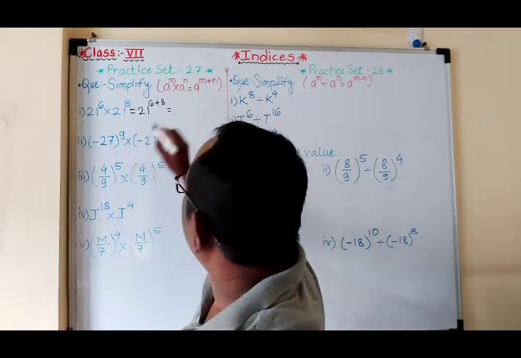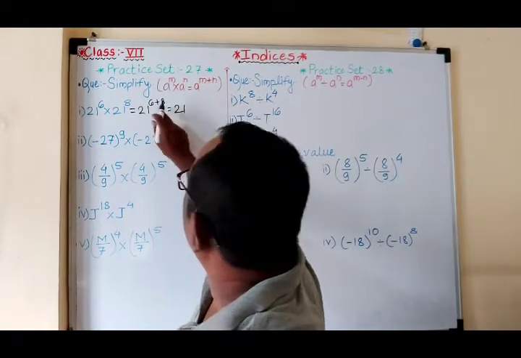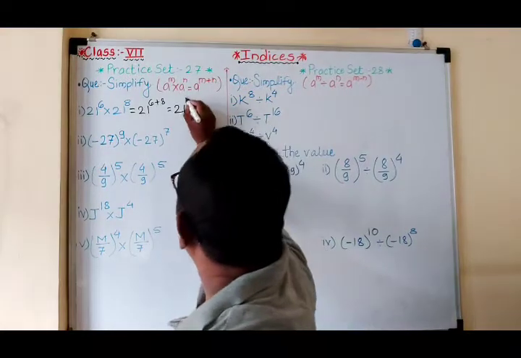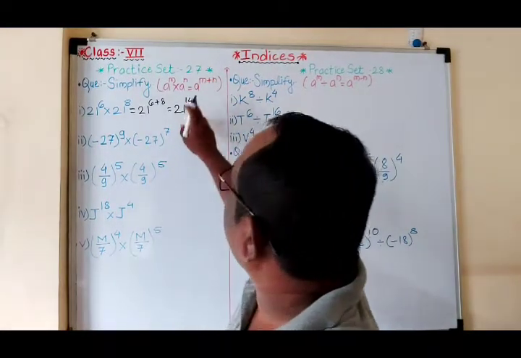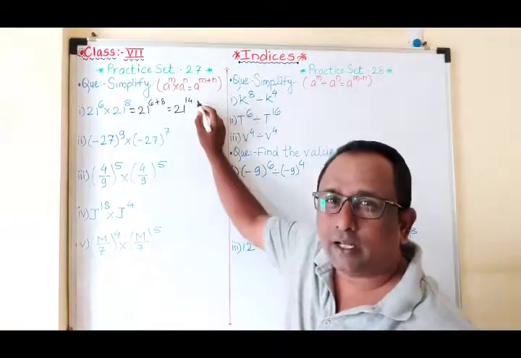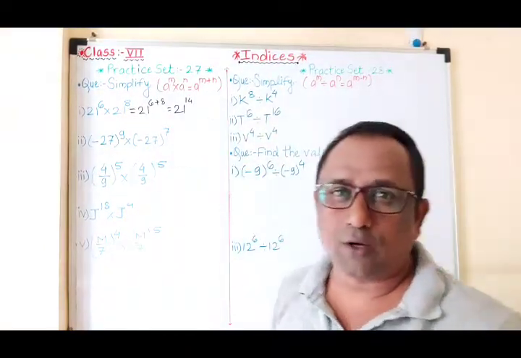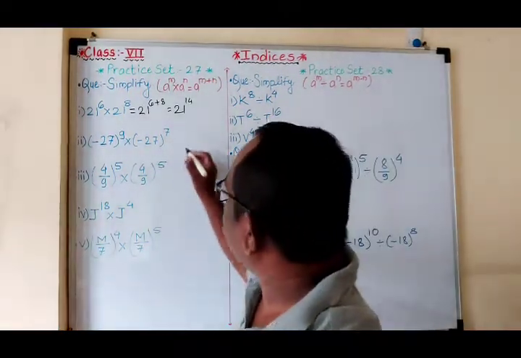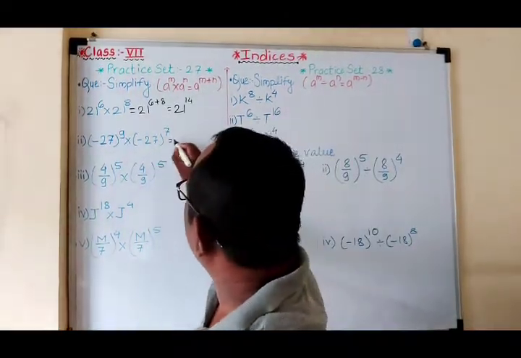Now 21, only we have to add 6 plus 8. So that is 14. We got the answer 21 raised to 14. So 21 is the base and 14 is the index, or we can say exponent. Isn't it simple? Now the second, we have to solve the same way.